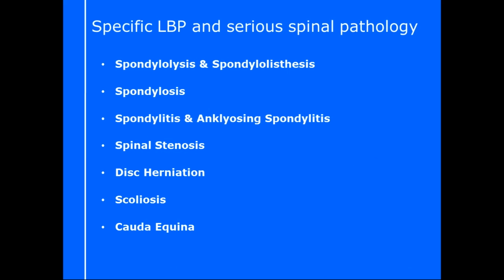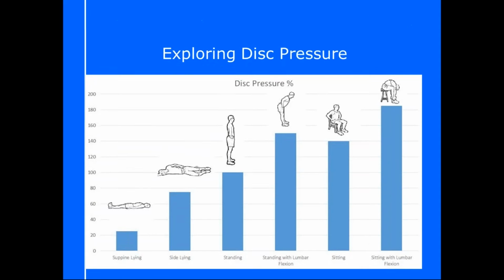Then we had spondylitis and ankylosing spondylitis, which was the inflammation, and when that got more advanced, the fusing. Then we had spinal stenosis, which was the narrowing of the spinal canal. We discussed disc herniation and disc bulging, scoliosis, and also cauda equina, so a huge amount of information in those.